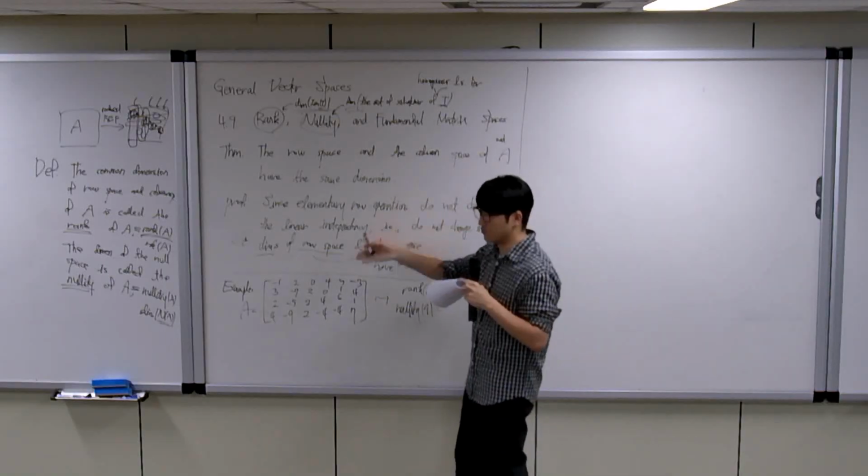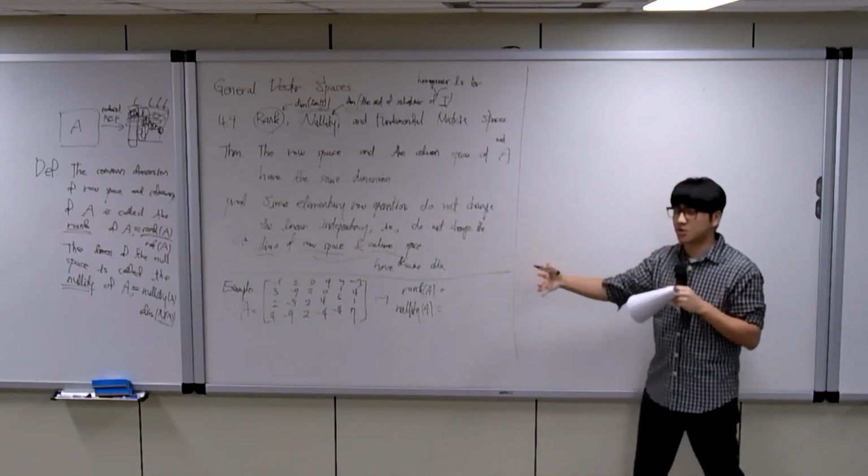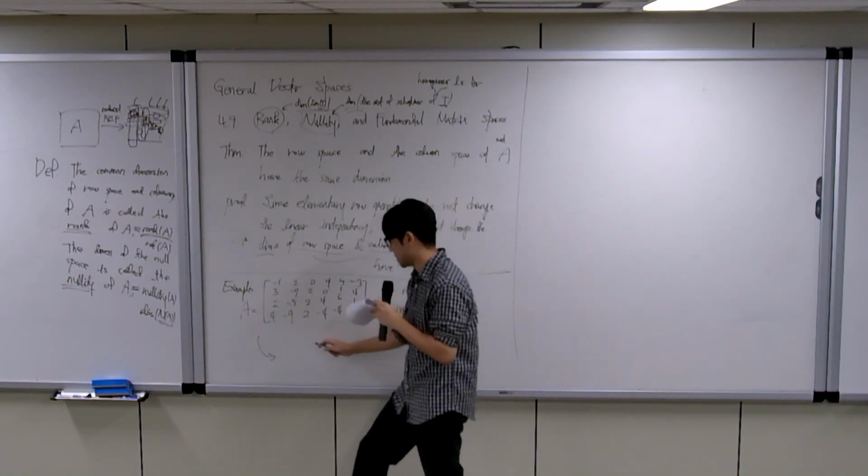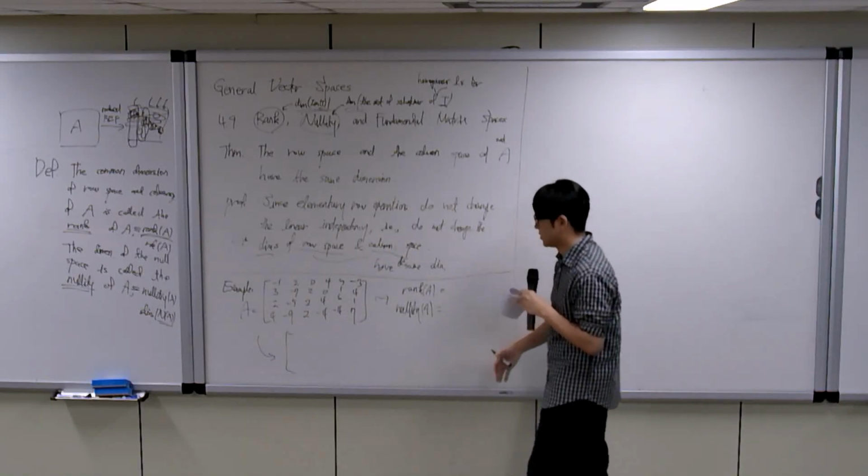Then we already see that the elementary row operations will not change the dimension of the rank. So let's find the reduced form.